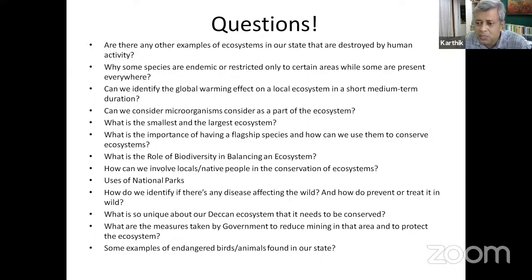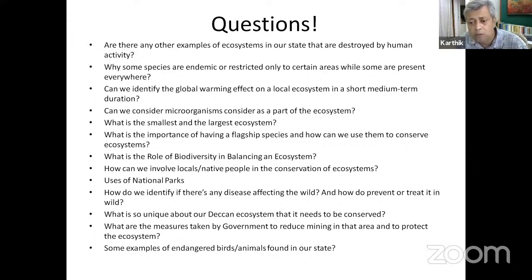So flagship species have a certain attribute that will make people understand the significance of the ecosystem, right? So when a flagship species is highlighted, that means you are talking about the ecosystem. So it makes people stand up and listen. What is happening to my flagship species? Why is that flagship species getting affected? What should I do or not do in the ecosystem so that it survives? So that is the role of the flagship species and its importance.